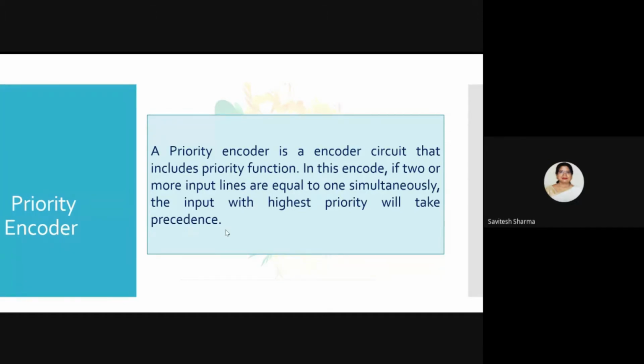For example, if there is a queue at the ticket window and a person from the ministry arrives, the ticket counter person will give preference to that person. The counter person will stop the queue and ask the VIP to come forward and take the ticket first. Based on priority, the circuit will respond.